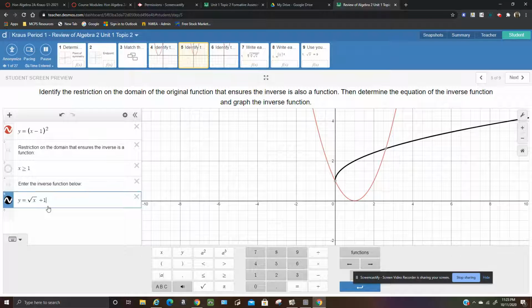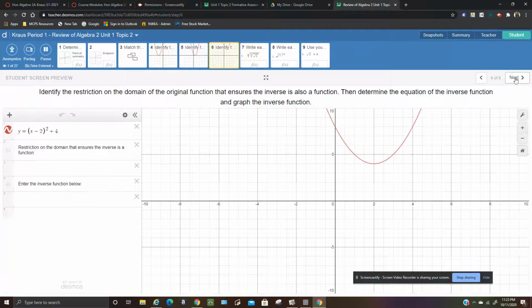All right. So that's what that looks like. And number 6, the vertex is at 2, 4.